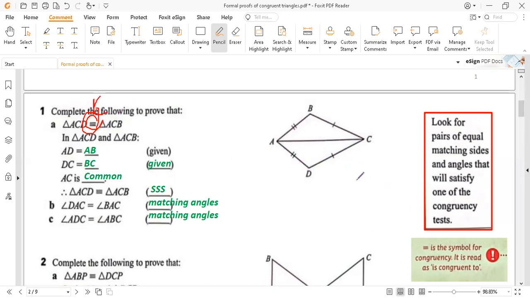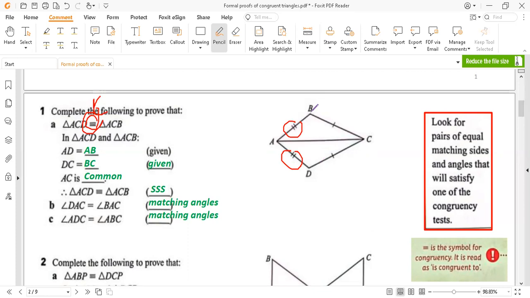Okay, so we can clearly remark that we have 3 pairs of equal matching sides. Why? Because we have this mark here, identical to this one, so AB equal to AD from the other triangle.